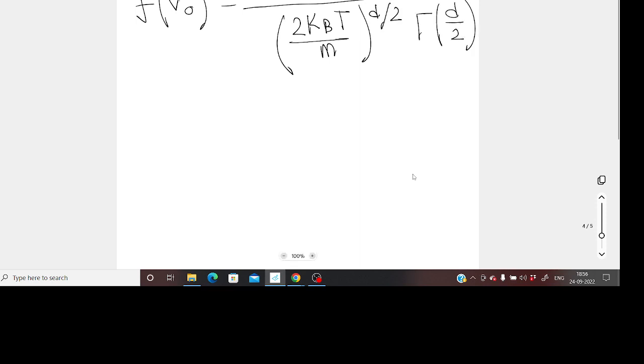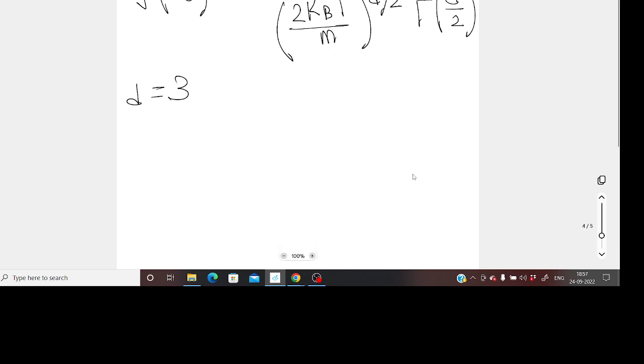So this is equal to this thing, right? Yes, sir. Okay. Now let's put d equal to 3. Let's see what happens. d equal to 3.